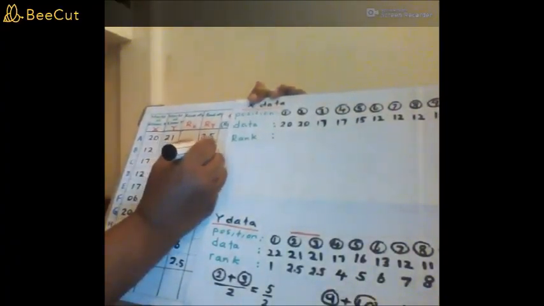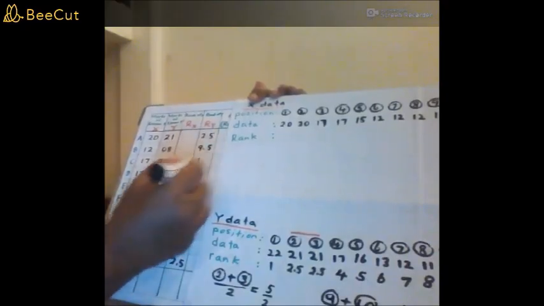Where's 11? 8. For the value 8, 9.5 for both, right? 8, 9.5, 9.5. So here 9.5. Where's the other one? Here 9.5.